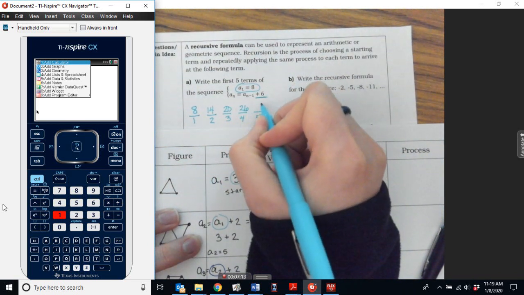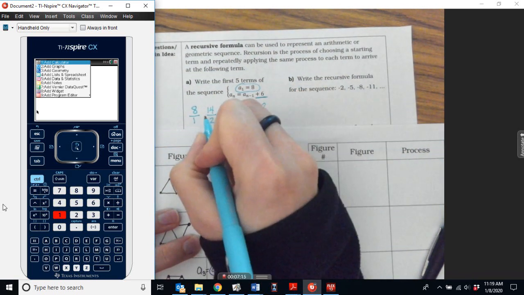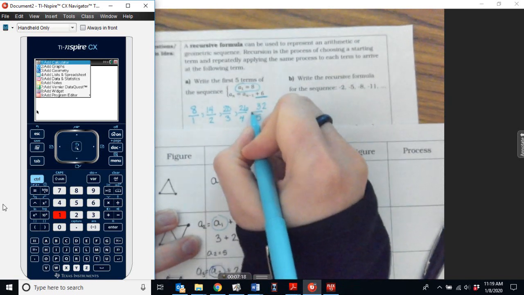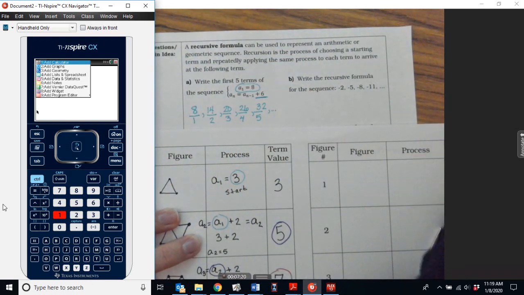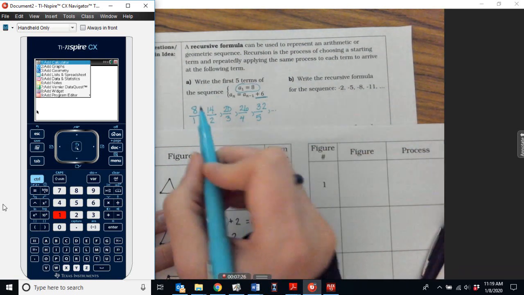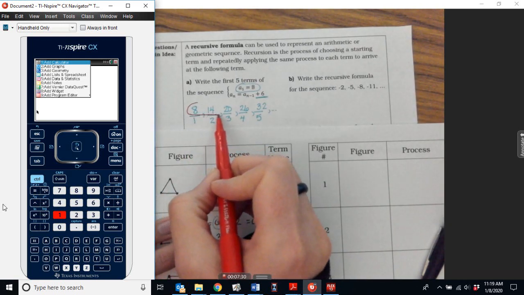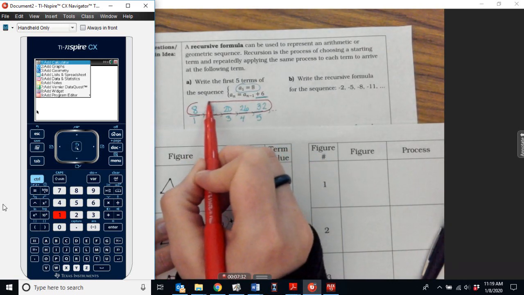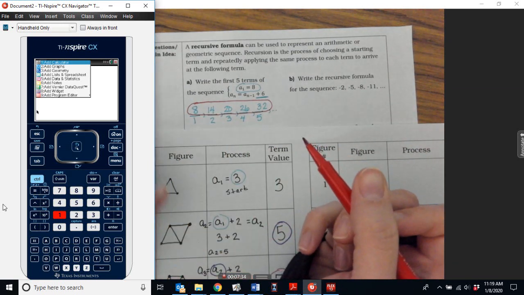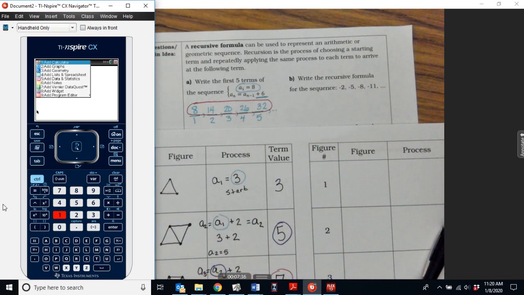And 26 plus 6 is 32. So I can put commas in here, and my pattern could keep going. But that's my sequence. Those are the first 5 terms. So my sequence is 8, 14, 20, 26, 32. Okay, so those are my first 5 terms.